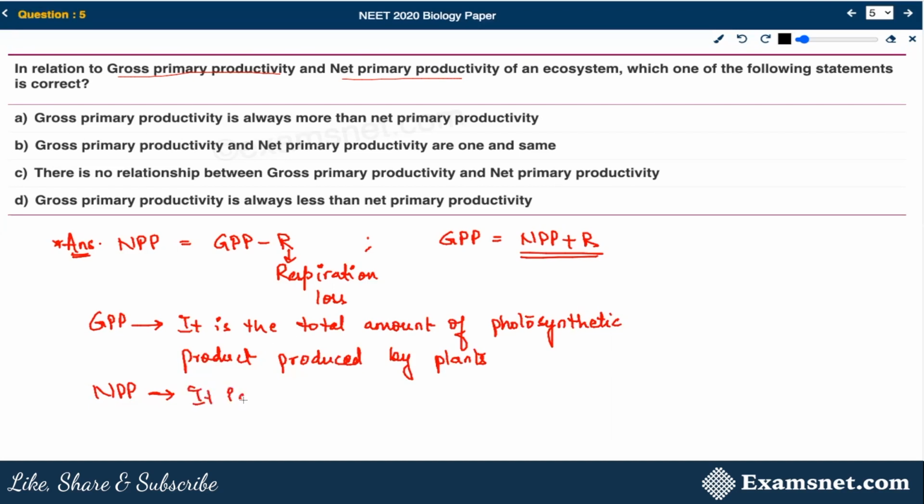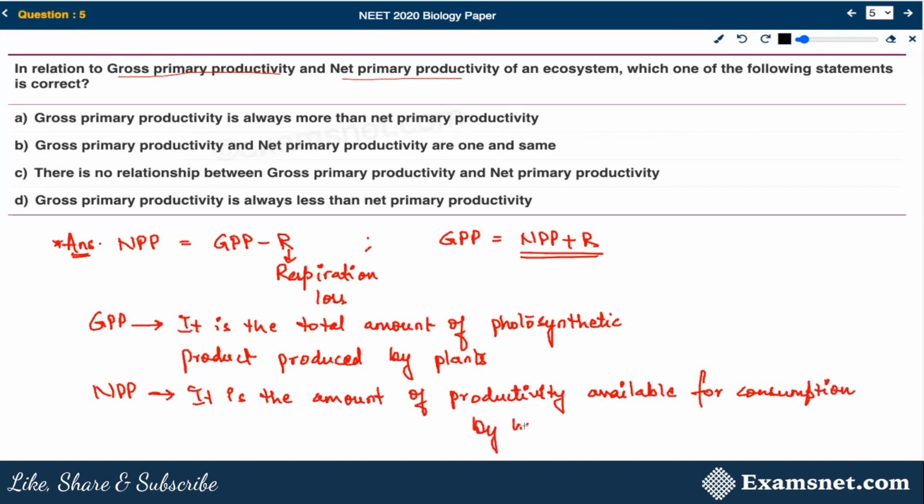It is the amount of productivity available for consumption by heterotrophs, or the consumers.